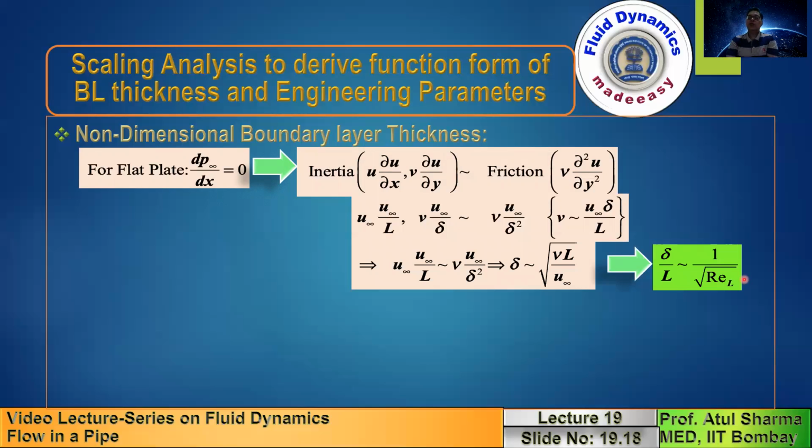So with this, you have obtained a functional form that non-dimensional boundary layer thickness is inversely proportional to the square root of Reynolds number.